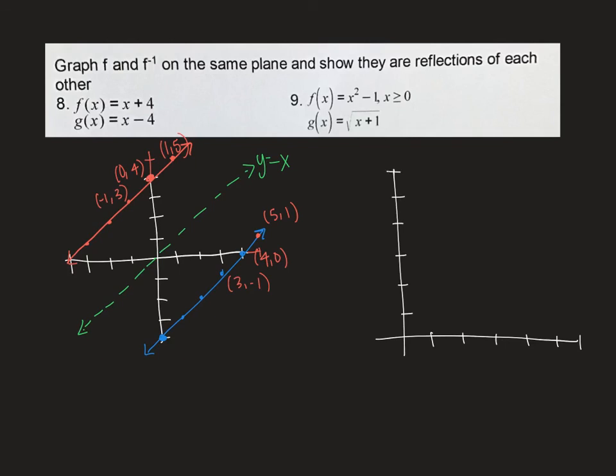So if I graph f of x, we want x to be greater than or equal to 0. So if I plug in 0, I'm going to be at -1. If I plug in 1, I'm going to be at 0. If I plug in 2, I'm going to be at 3, and so on.